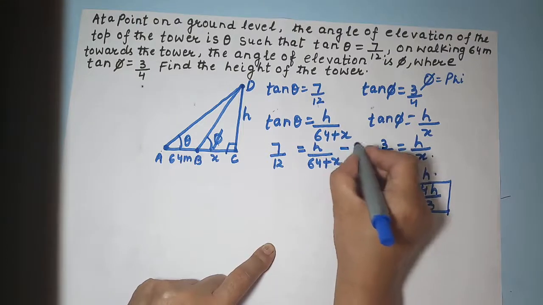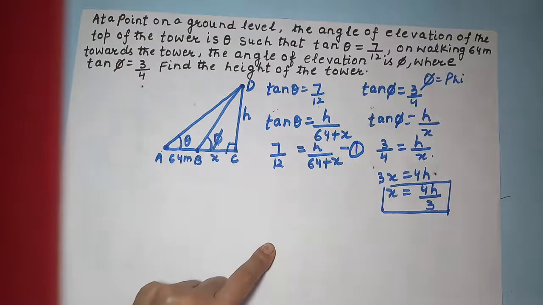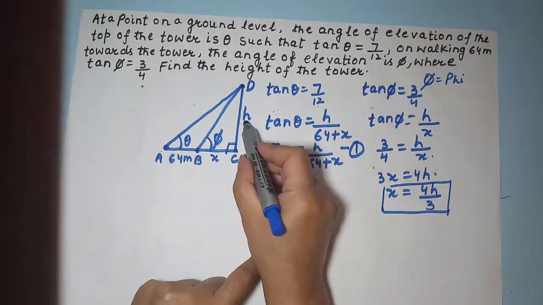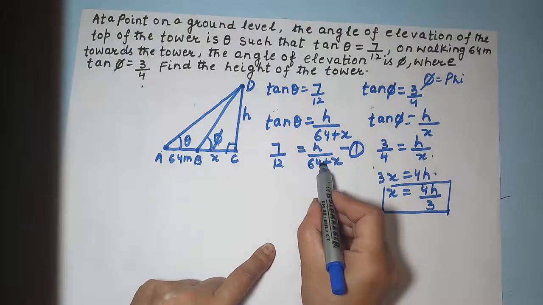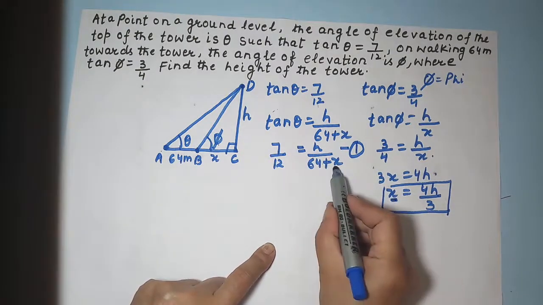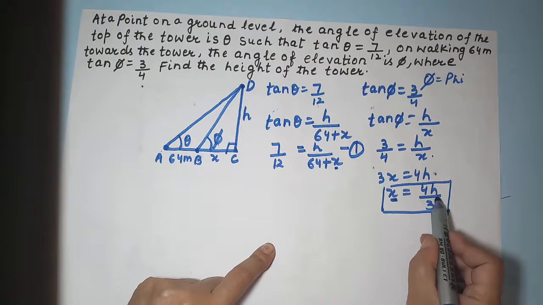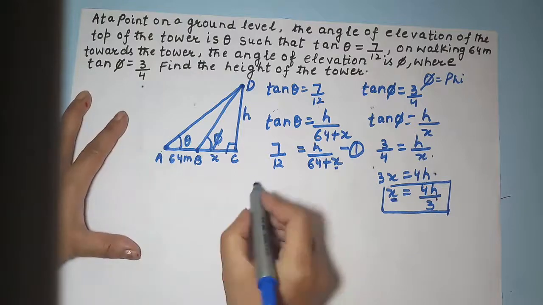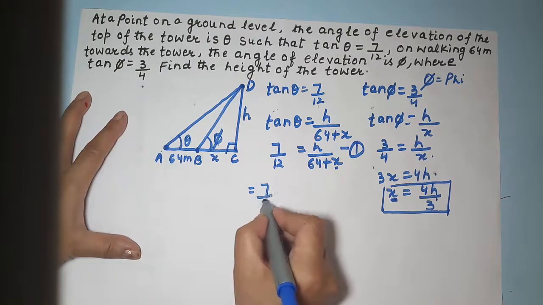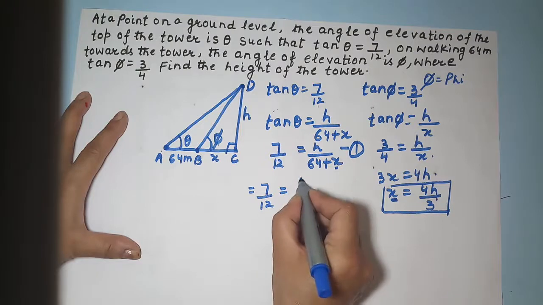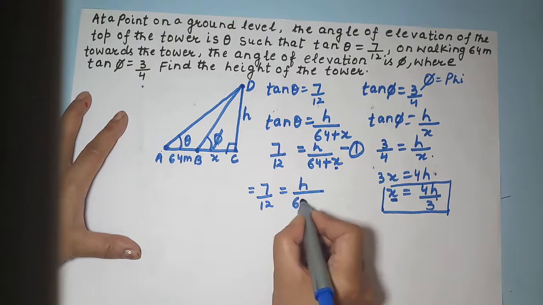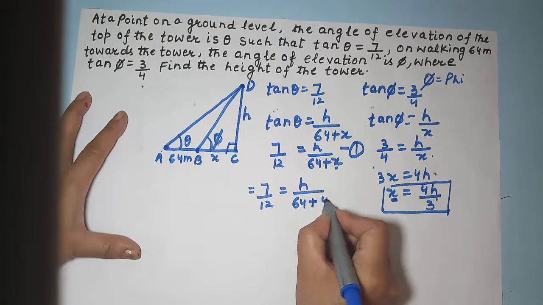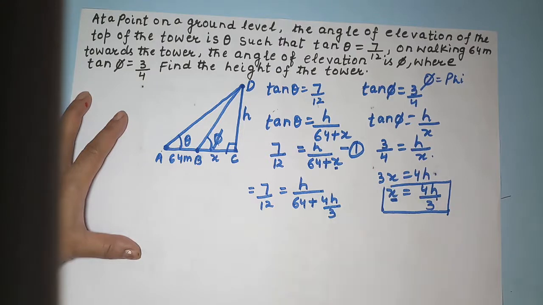So let me call this equation as first equation. Now I have to find the value of h. If I go to this equation and replace the value of x here by this, I will get the entire equation in h. I will solve it and get the value of h. Let me do that. So I will get 7 by 12 is equal to h upon 64 plus x. I will replace x as 4h by 3, right?